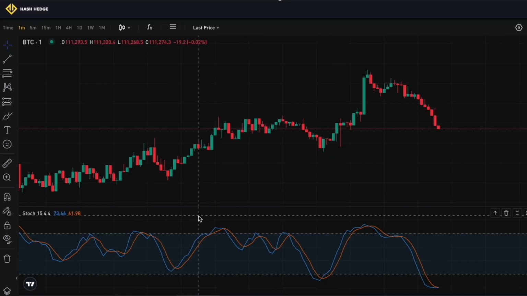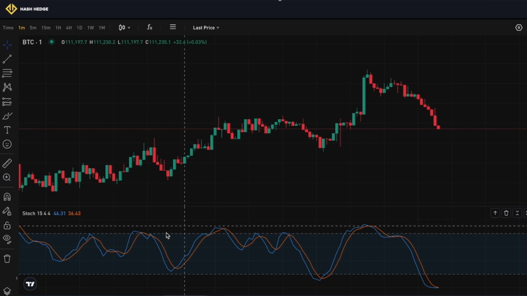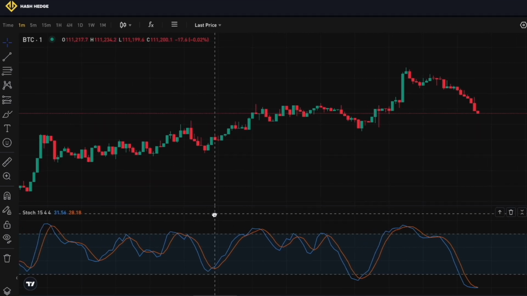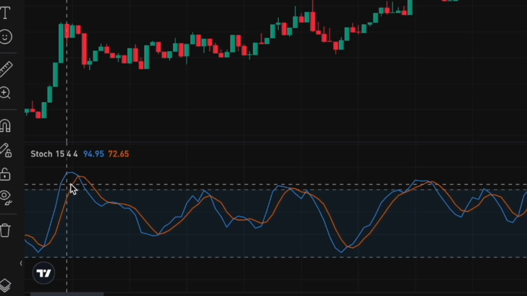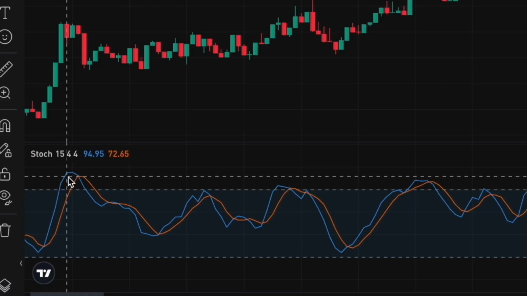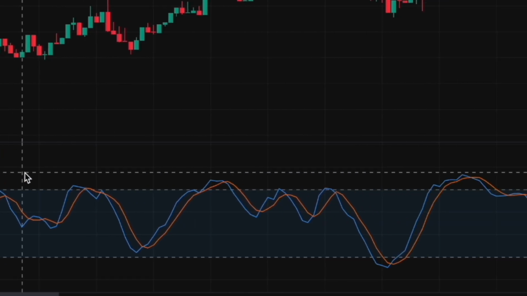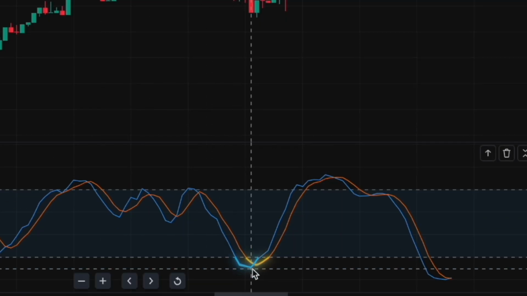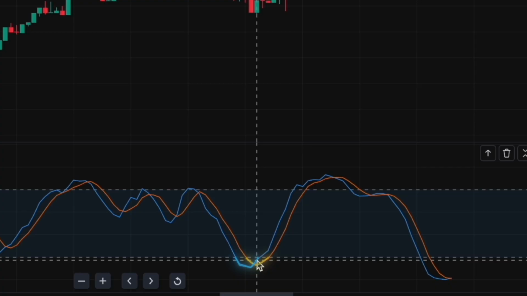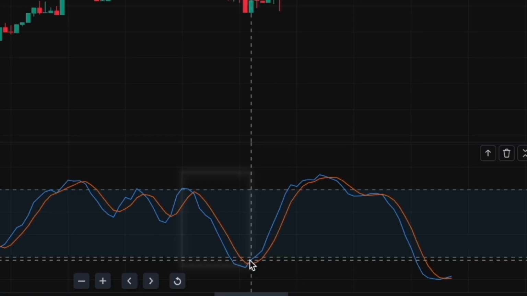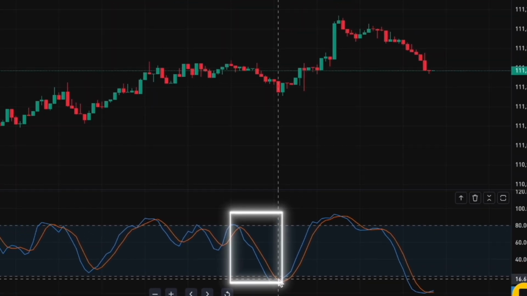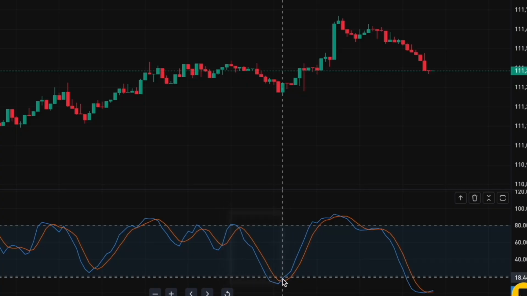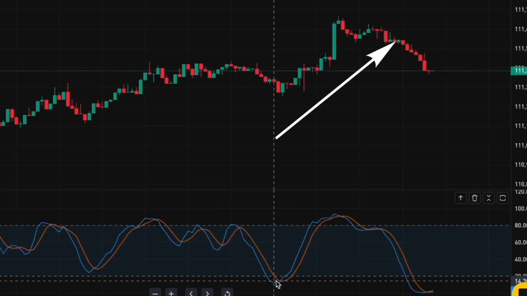Many may not have encountered this indicator before. We have a stochastic that shows overbought and oversold levels on the chart. When both lines go beyond the lower boundary, this indicates an oversold level and suggests that the asset is now cheaper in the market than it was on average over the 15 candle period in question, which means it is more likely to trend towards the average and bounce upwards.